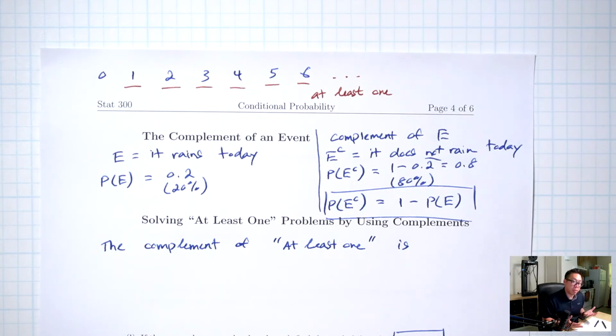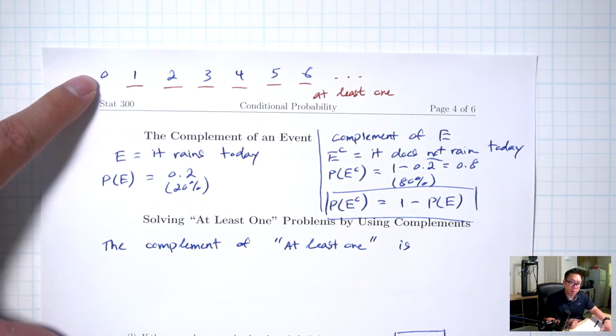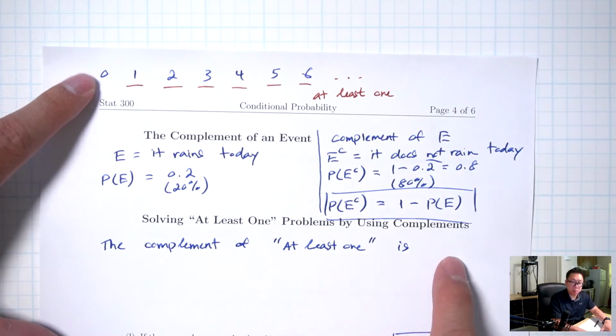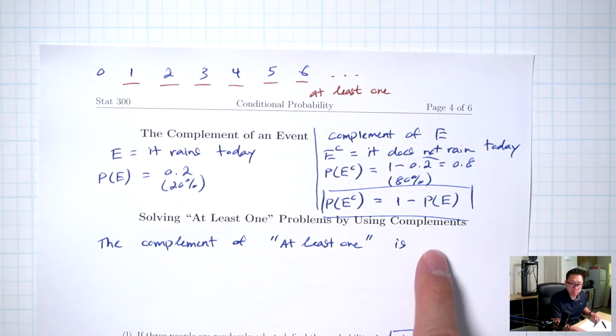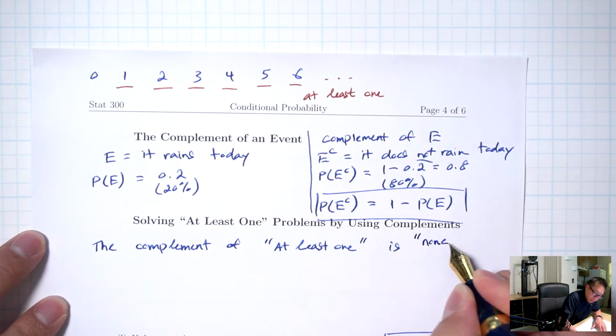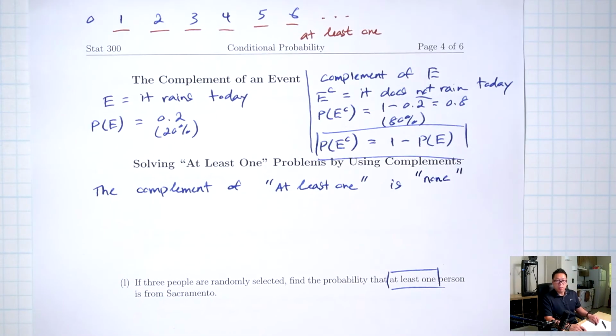What is the complement? What number is not underlined in red? 0. Okay, so the complement of at least 1 is 0. I'm going to write none. All right, so now we're ready to write down the main idea.